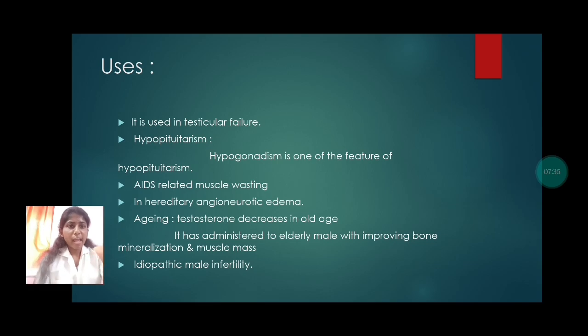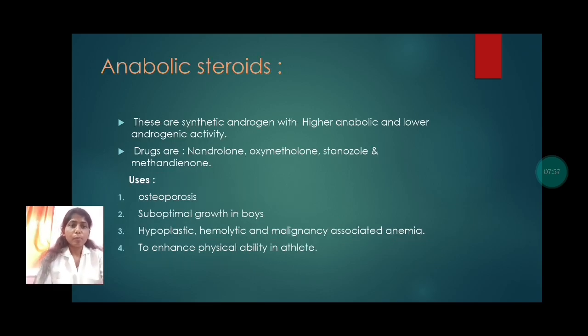It is also used in hereditary angioneurotic edema, and in aging, as testosterone decreases in old age. It is administered to aid in improving bone mineralization and muscle mass. Testosterone helps in bone growth and thickness, so it is used in aging. It is also used in idiopathic male infertility.